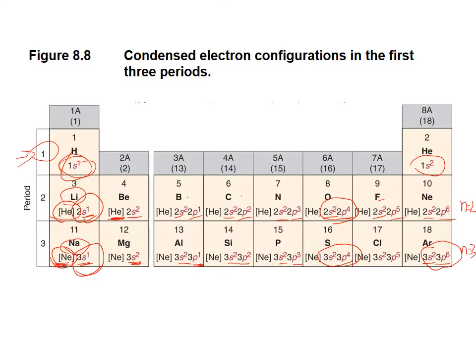And let's look at the neon. Okay, 2s2, 2p6, 3s2, 3p6. So for elements in the same group, they have the same outer shell electron configuration, and therefore they have similar chemical properties.